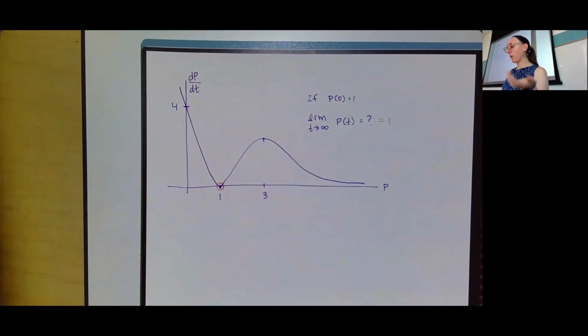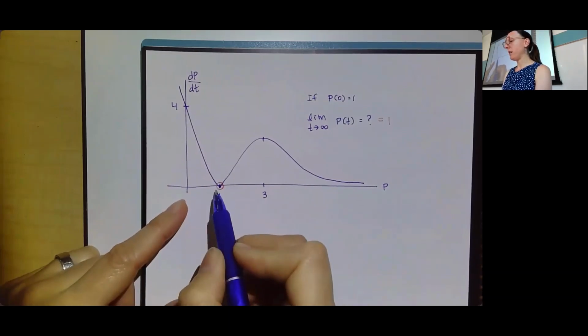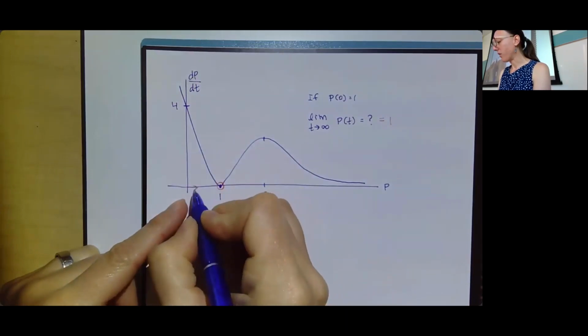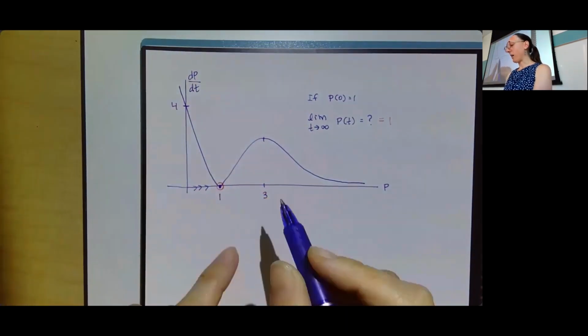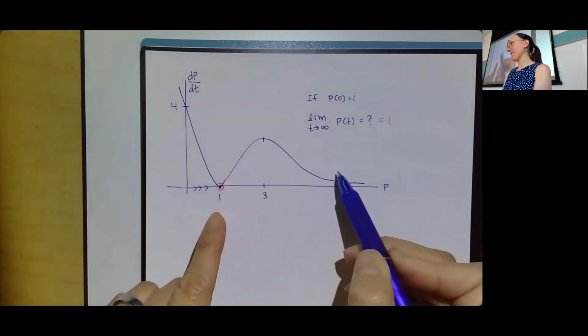By the way, if I were going to draw the phase plane for this, it's kind of a weird phase plane. So I know that if I started anywhere between 0 and 1, these derivatives are all positive. So my p-values would be increasing. But anywhere from 1 to infinity, these values are also all positive.